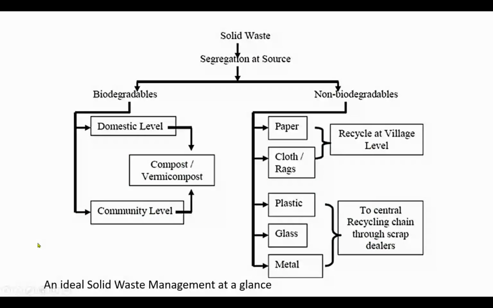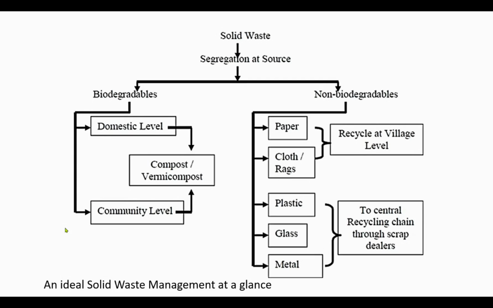But whenever we focus on solid waste, there is segregation at source, that we know the process, and afterward, as we discussed in our previous slide, biodegradable and non-biodegradable. So in that we have to analyze at the domestic level, then that will be composted, and it will go to the community level.